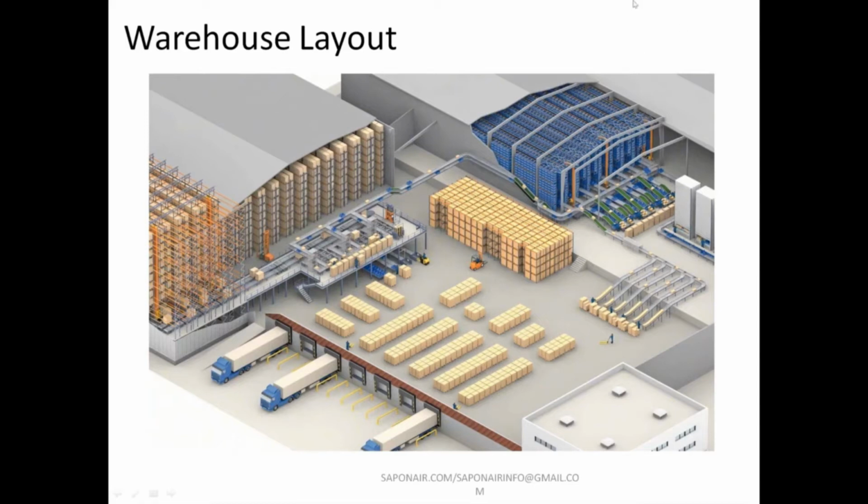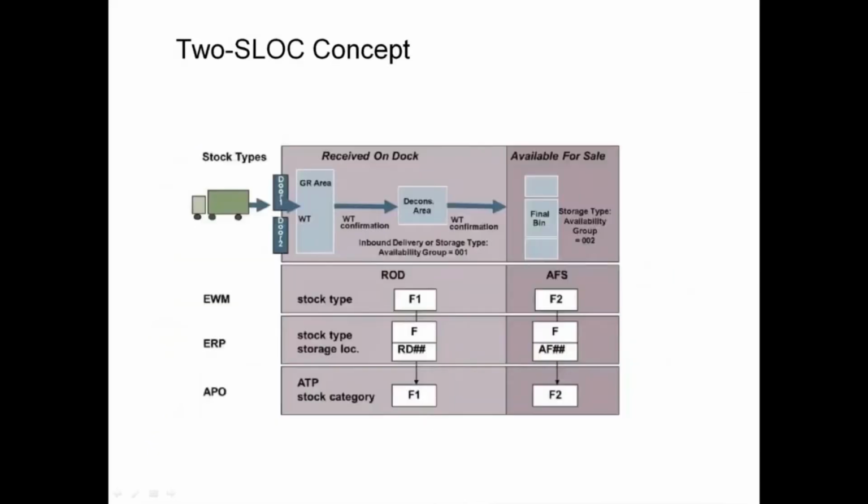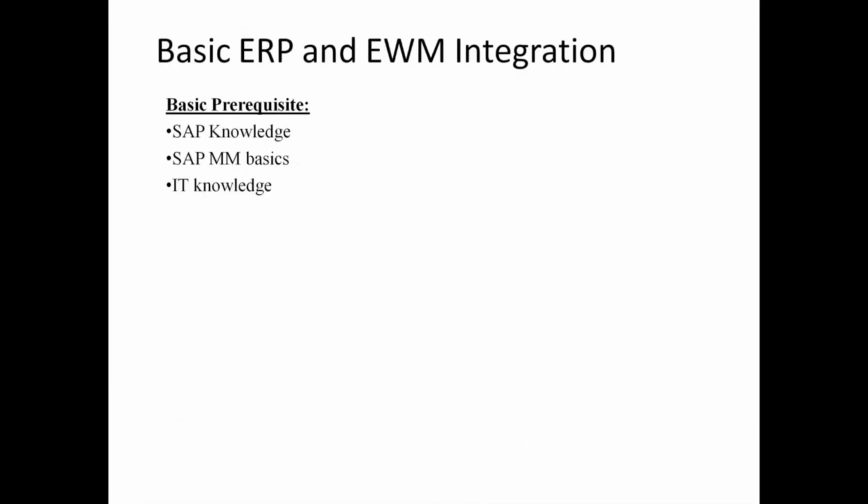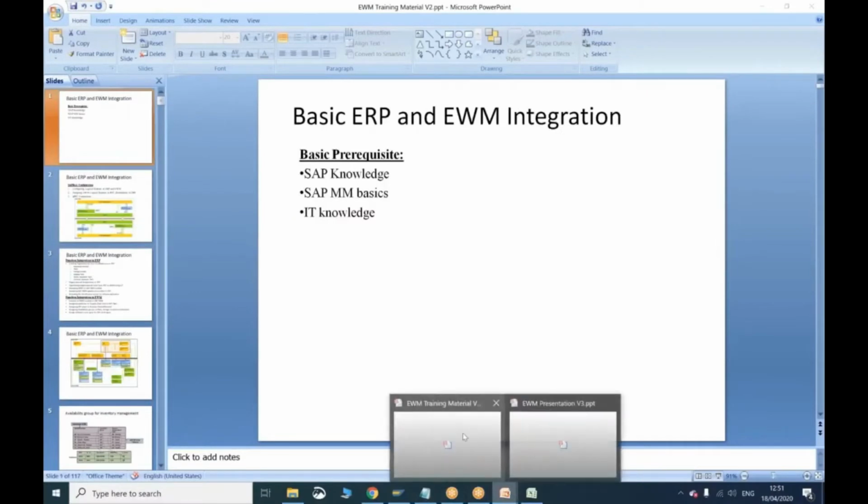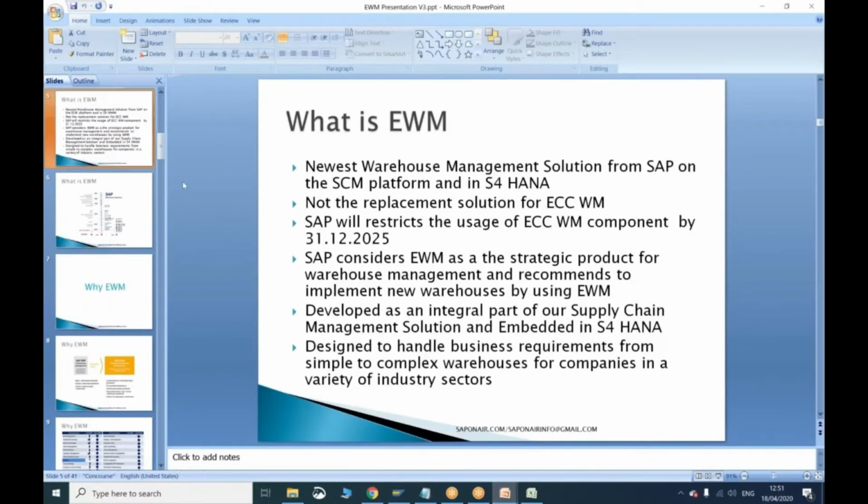Likewise, there are many products available. Manhattan is one of the WM solutions already in the market, which is very leading, competing with SAP or Oracle WM systems. SAP has one product which is a WMS system. SAP did not just enter this now. SAP already had its own module called ECC WM. They entered sometime in 1997 or so.